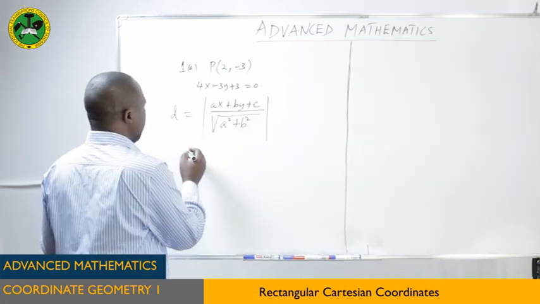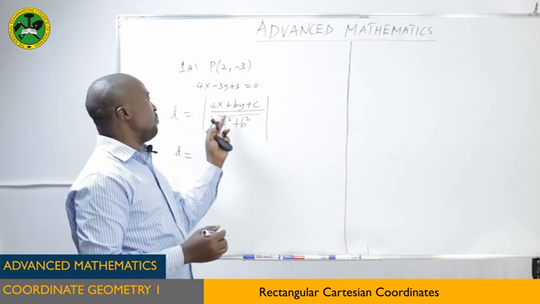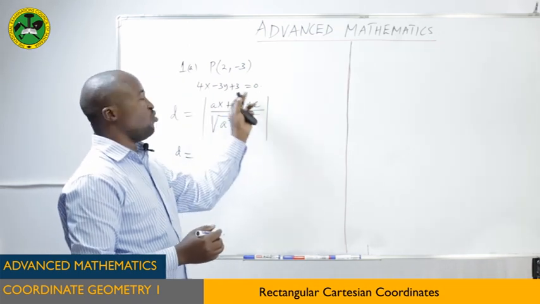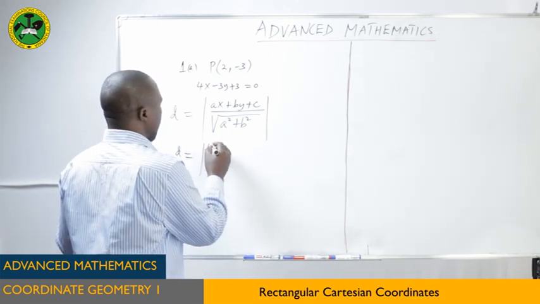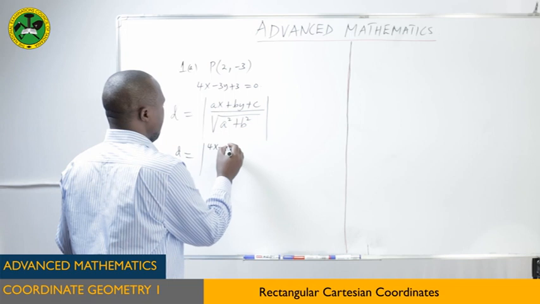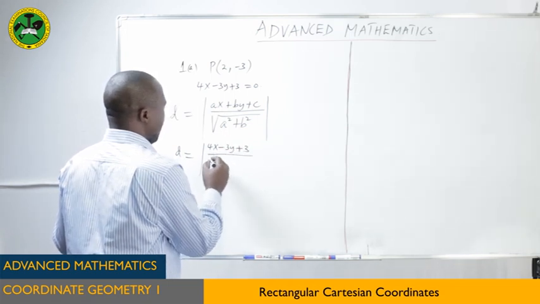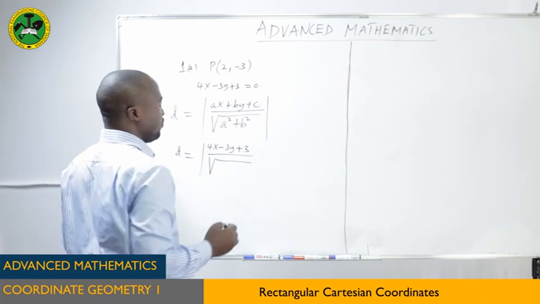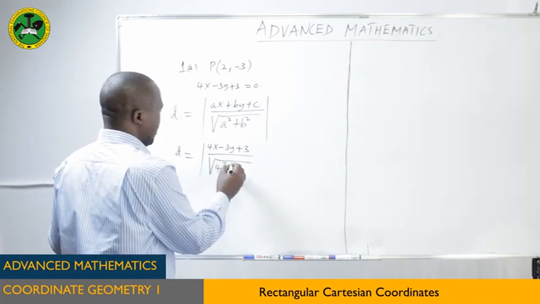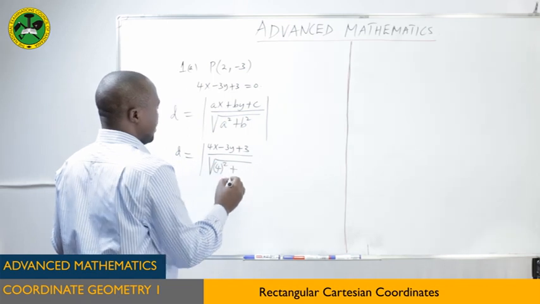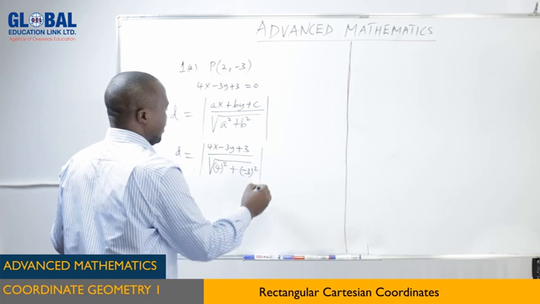So our distance will be equal to, remember AX plus BY plus C is the equation we have been given. So that is the absolute of 4x minus 3y plus 3 over the square root of, now you can see here A, that is 4 squared, plus our B is -3, again squared.